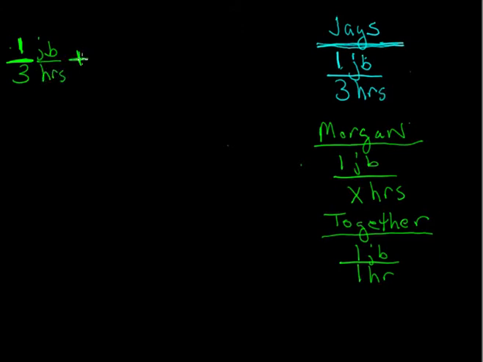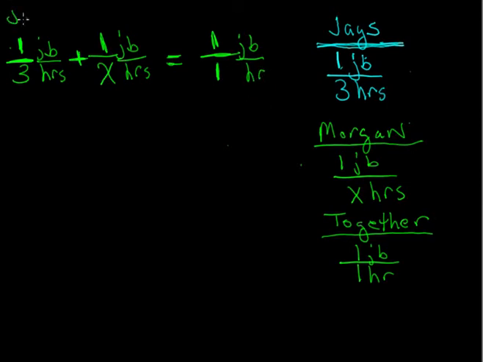And so in the case of Jay and Morgan, their rates are adding together to give the total rate at which they finish the work. And so here is Jay's rate, Morgan's rate, and their rate together.